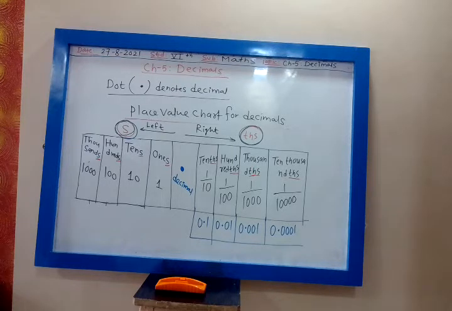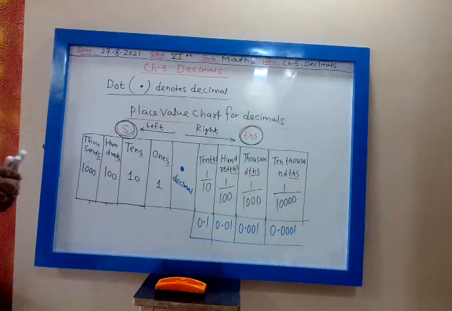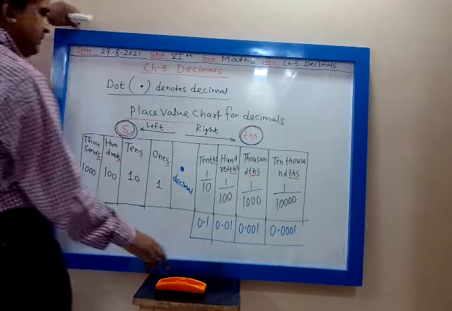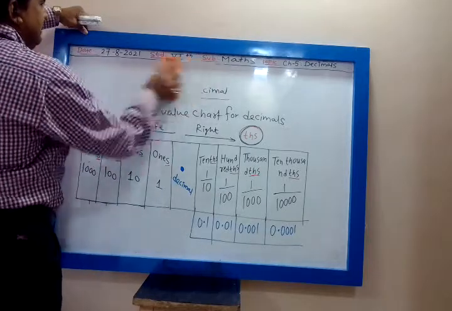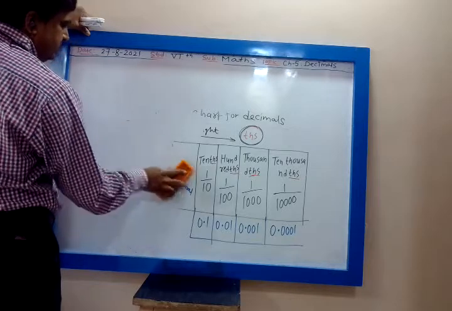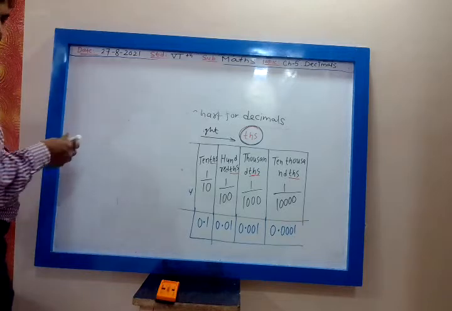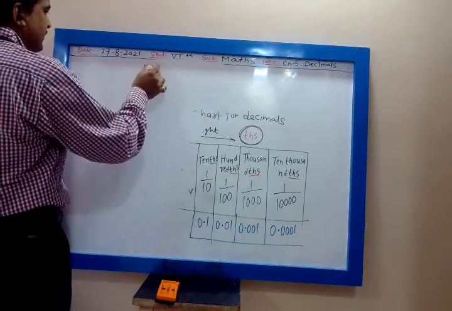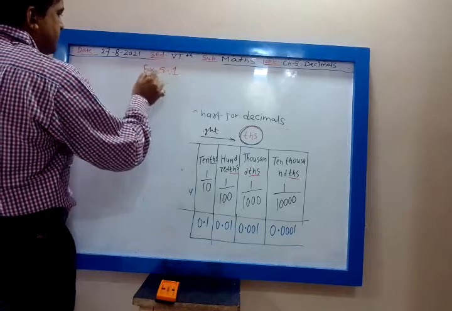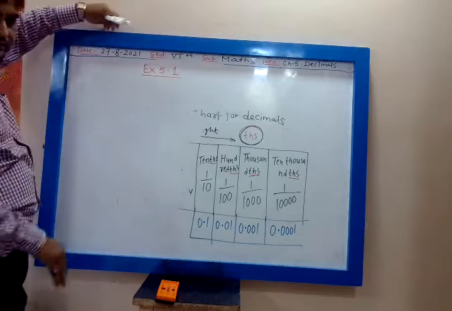Chalo, let us start our exercise. 5.1. Write the number name for each of the following.